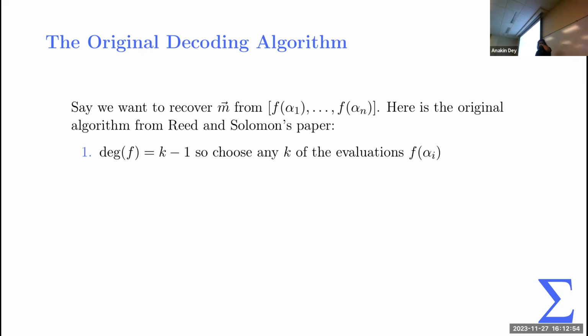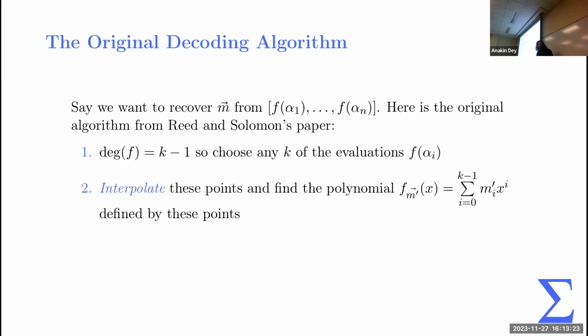So the degree of the polynomial is k minus 1, right? And like I said, to uniquely define a k-1 degree polynomial, you need k points, right? A line is degree 1 and you need 2 points, a quadratic is degree 2, you need 3 points, etc. So we're going to choose any k of the evaluations out of the n that are there.